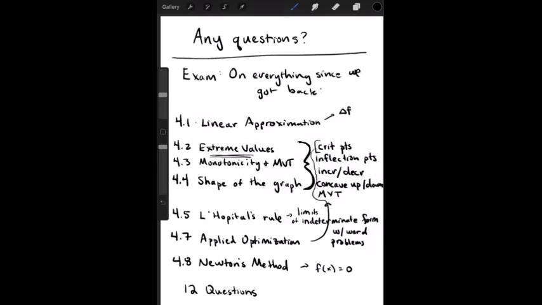So there's going to be 12 questions on the exam. It's not timed or anything. You can take as long as you want. You're going to have a week on it. Remember, the rules are the only other person you can talk to about it is me. You can use your book. You can use your notes.